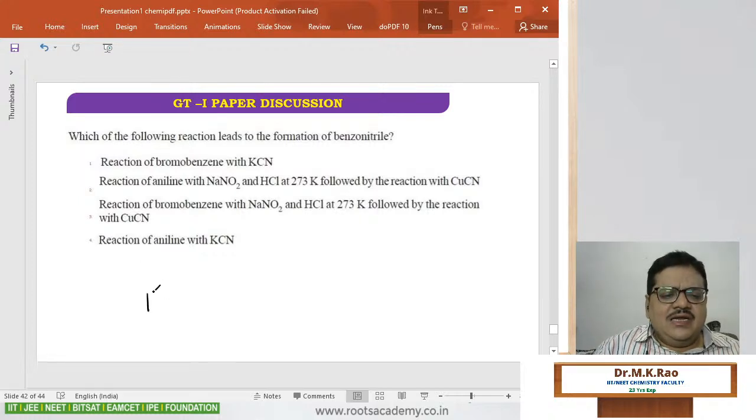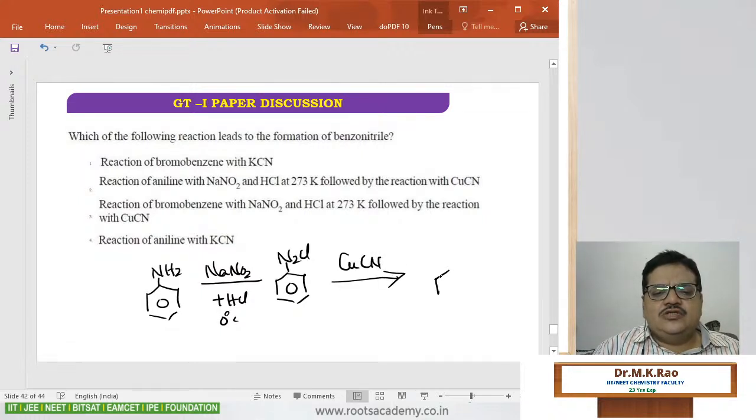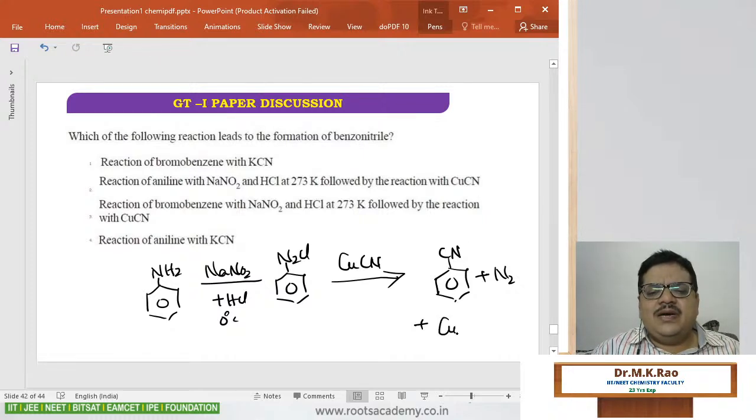When aniline reacts with sodium nitrite and HCl at 0 degrees centigrade, it forms benzene diazonium chloride, which upon treatment with cuprous cyanide forms cyanobenzene and nitrogen gas, and then copper metal.